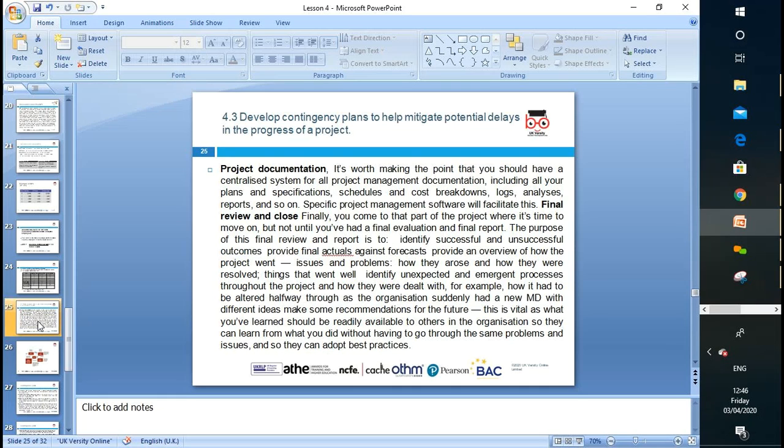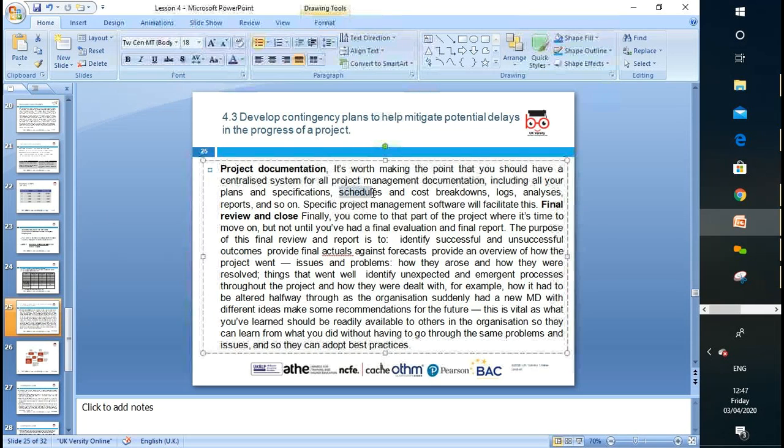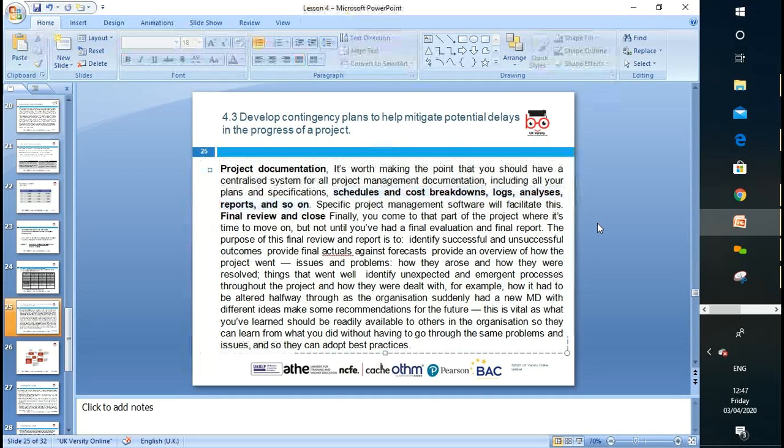So project documentation is very, very important. You have a cost, you have a schedule, you have a breakdown, you have a log, and you have to read the reports. All these are very crucial in terms of project documents. Review: you always review what your budget is and what your actual is.